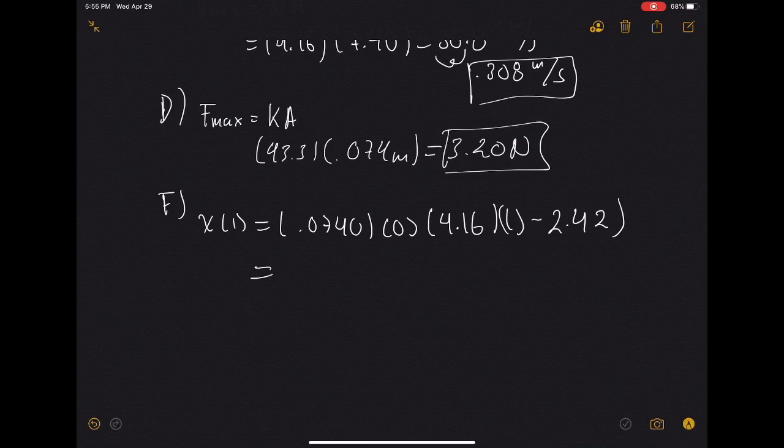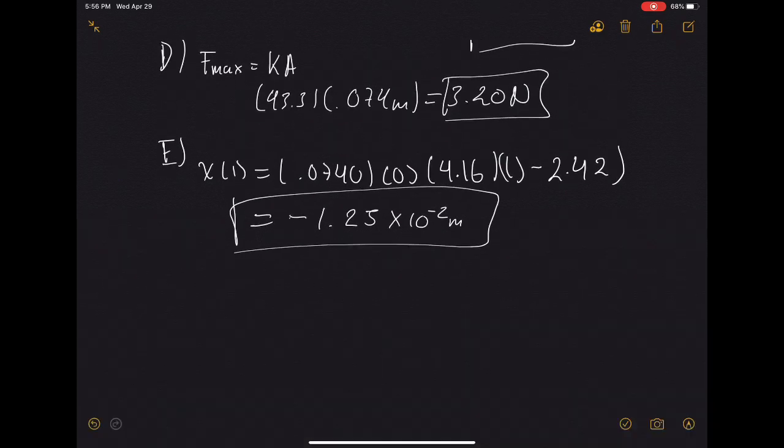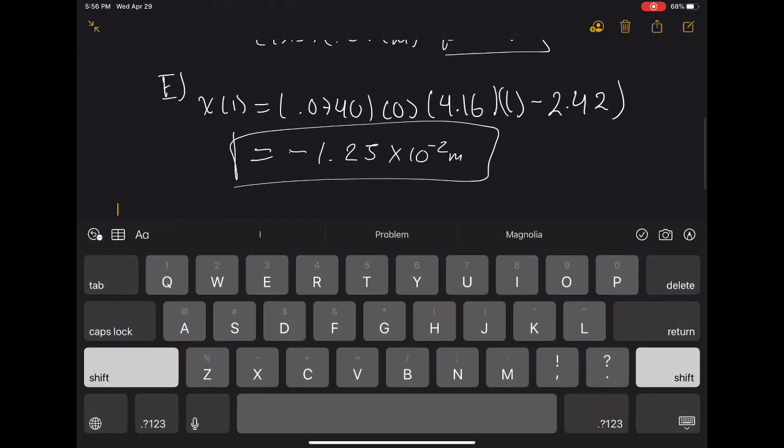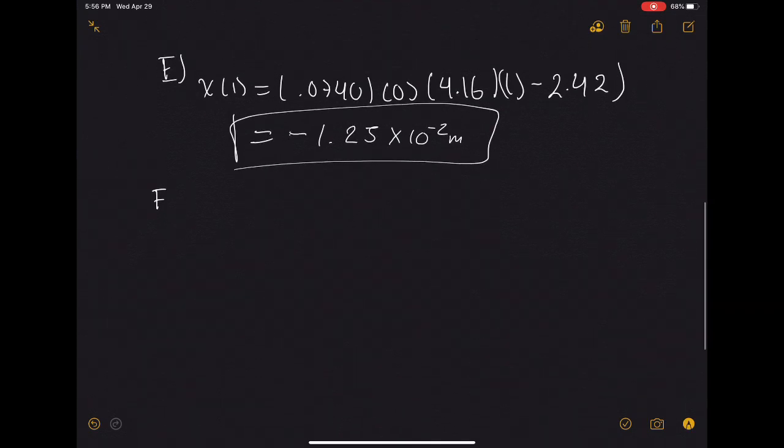When you plug that in the calculator, it will give you negative 1.25 times 10 to the negative 2 meters. I'm sorry, I think I said part E on the other one, but that was part E, and this is part F.